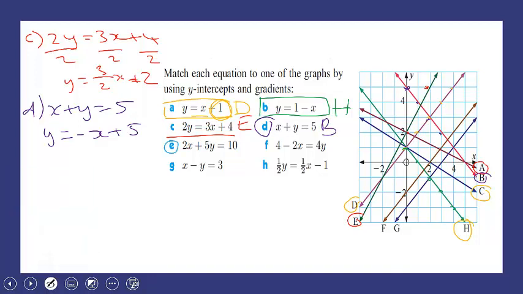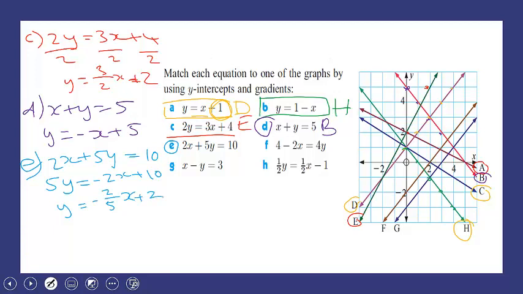Let's do E. 2x plus 5y equals 10. 5y equals minus 2x plus 10. Y equals minus 2 over 5x plus 2.